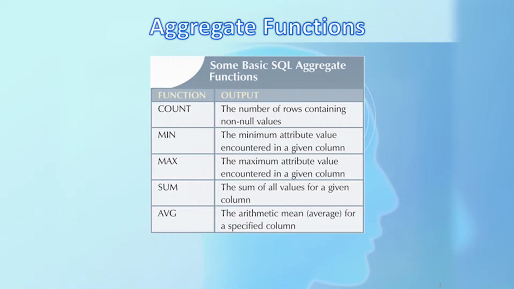The second one is min, the minimum attribute value encountered in a given column. The third one, max, the maximum attribute value encountered in a given column. The fourth one, sum, the sum of all values for a given column. And the last one, AVG, the arithmetic mean average for a specified column.